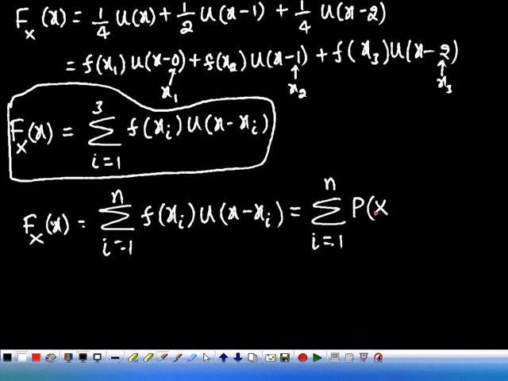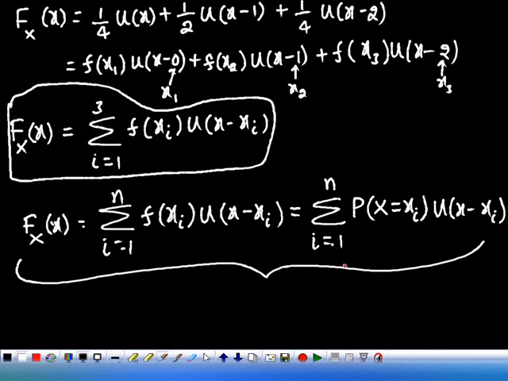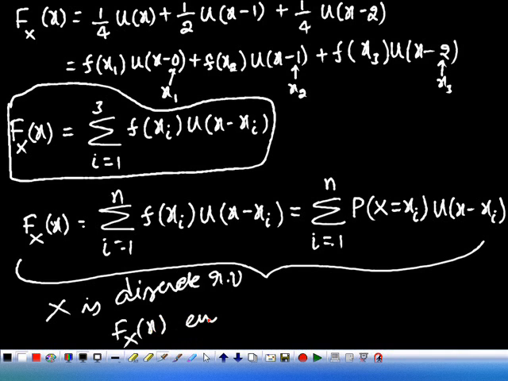Can I write it as probability of X equivalent to xi, u of x minus xi. So this equation is very important, where we represented the CDF in terms of the unit step functions for a discrete random variable. X is discrete. So here we represented this Fx of x in terms of unit step function.